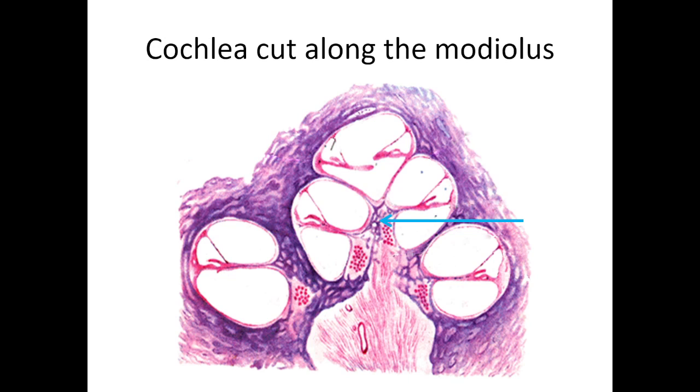So what is this? Modiolus. And what is this? Scala vestibuli. And it's very important now to ask ourselves what fluid is inside of scala vestibuli?